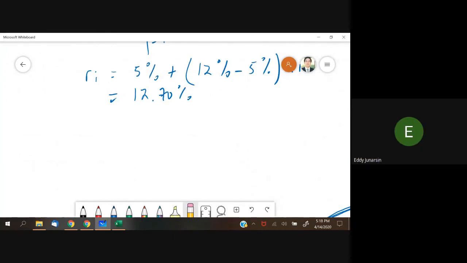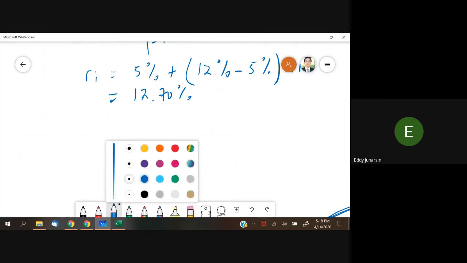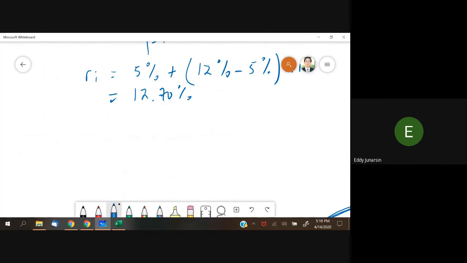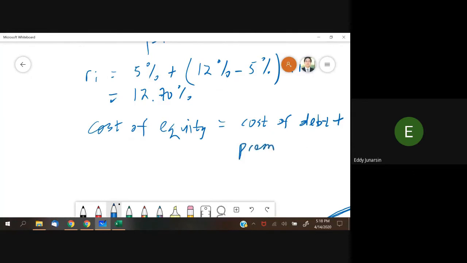And of course, we have other approaches. Maybe the third approach would be another lazy method. We can say that the cost of existing equity is simply the cost of debt plus whatever premium, maybe country risk premium or anything, from Damodaran or other reputable firms, other reputable consultants and so forth.